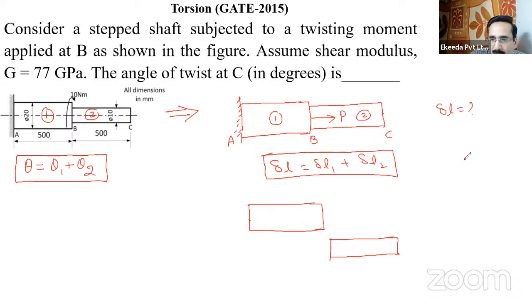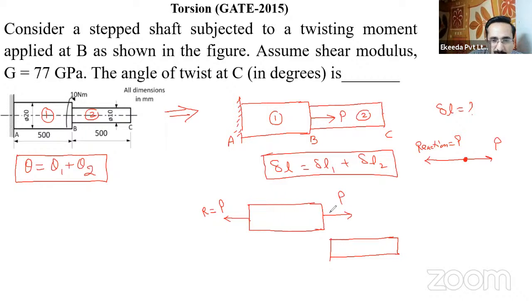If the P load is applied in this direction, for static equilibrium the reaction R should be equal to P, so that the body may be in static equilibrium.